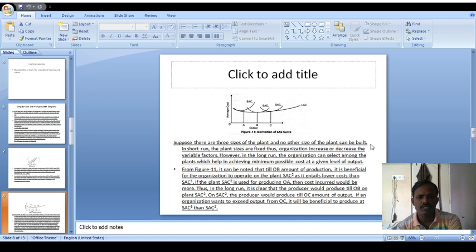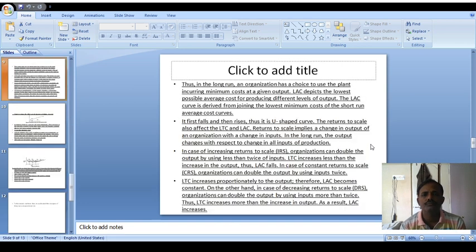If the plant SAC2 is used for producing OE, then the cost incurred would be more. Thus, in the long run, an organization has a choice to incur the minimum cost for a given output.